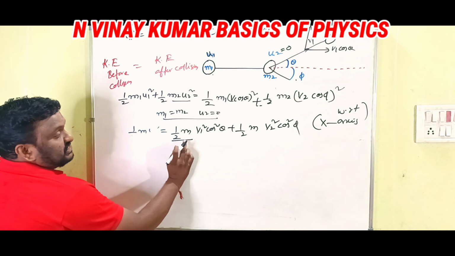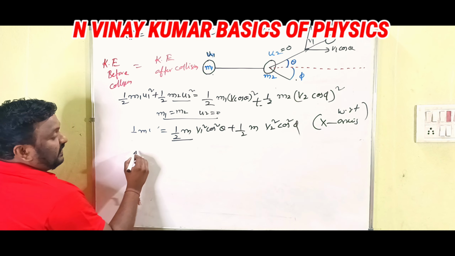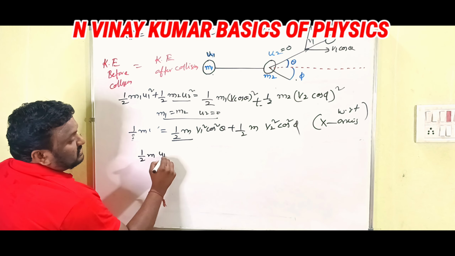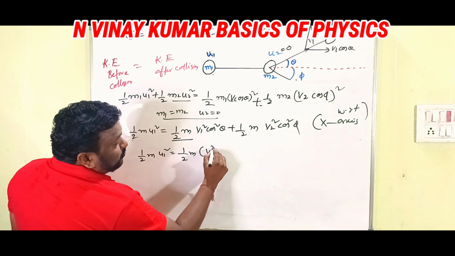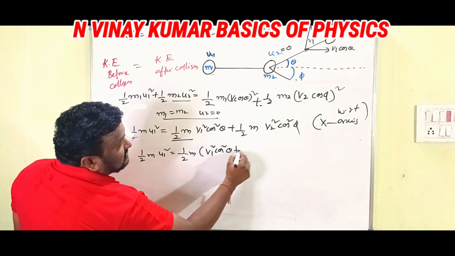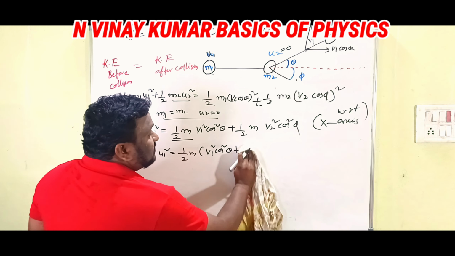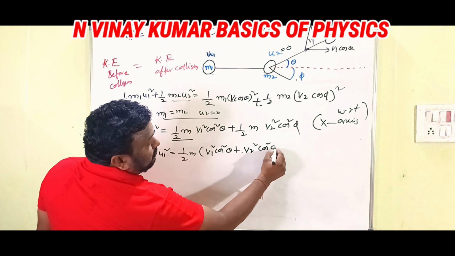Look here, in this equation ½m is common. Then how do you write here? ½m u1² equals ½m v1² cos²θ plus ½m v2² cos²φ.